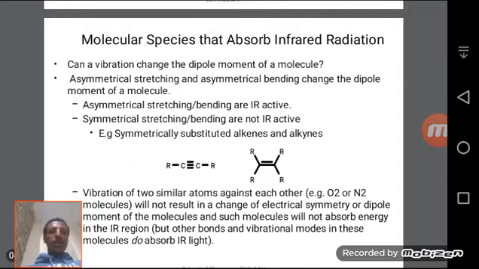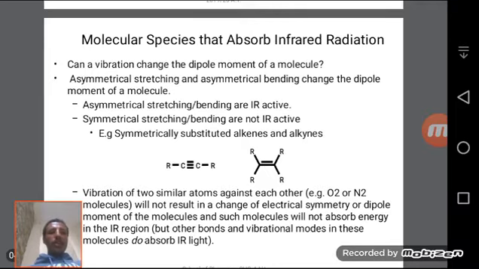This means there is a net dipole moment. Asymmetrical stretching or bending are infrared active because there is a dipole moment change, because one of the interacting atoms is partially positive and the other partially negative. As a result, there is a net dipole moment change.